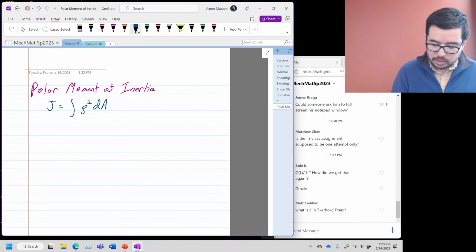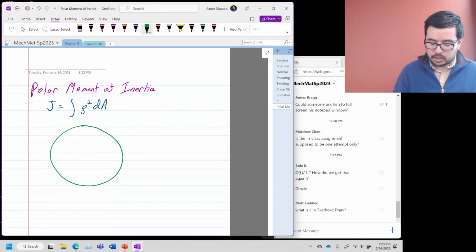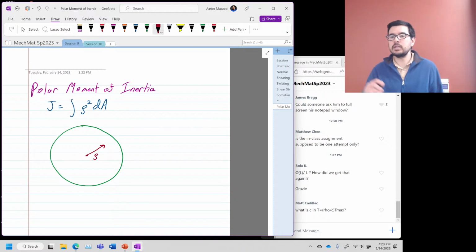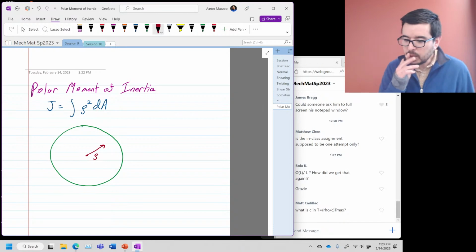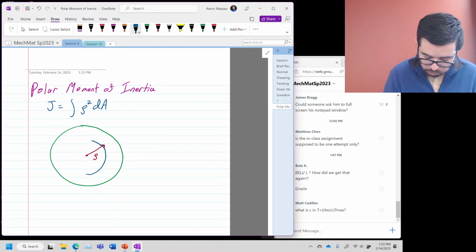So if we imagine a circle, let's just draw a circle, and draw a distance rho, just some spot in that circle. And right now, what I'm going to do is say that this is going to map out an annulus, like that.